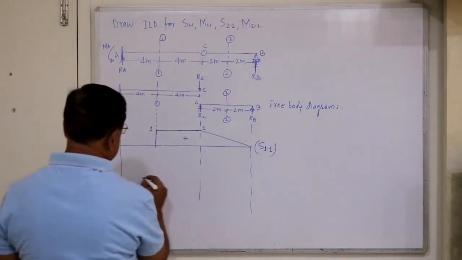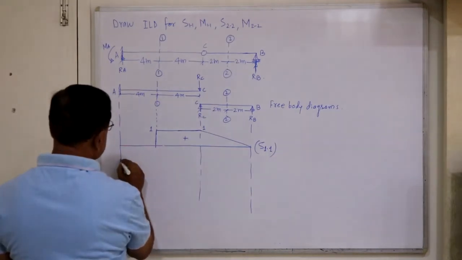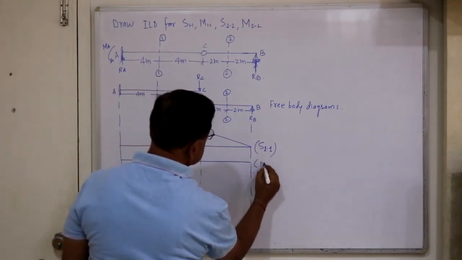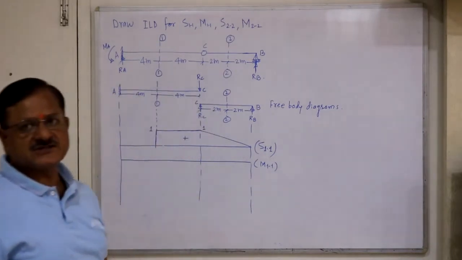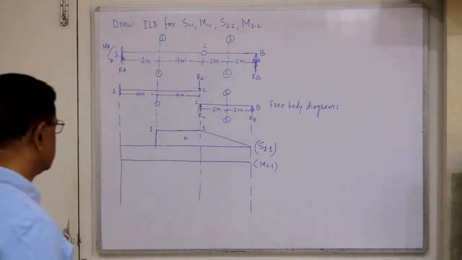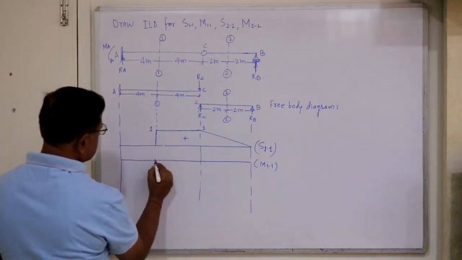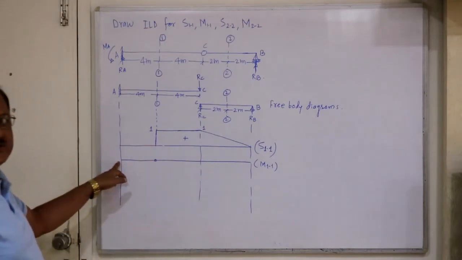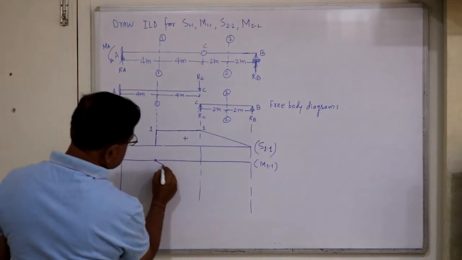Let's consider ILD for bending moment at section 11. Say this is M11. Again, section 11 is within the cantilever portion. That means we have to introduce a hinge here. We have to release the bending moment, and since this is fixed, it will not be disturbed, so only unit rotation is to be taken here.